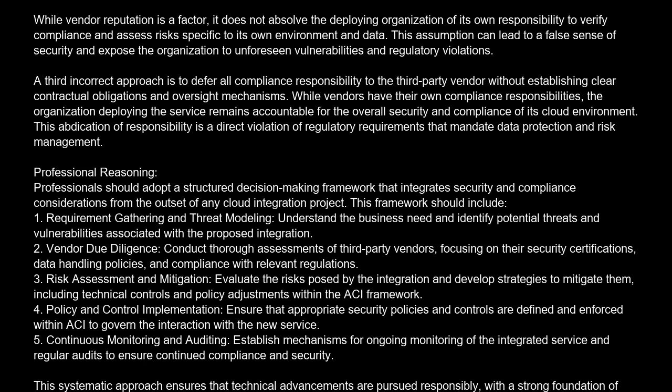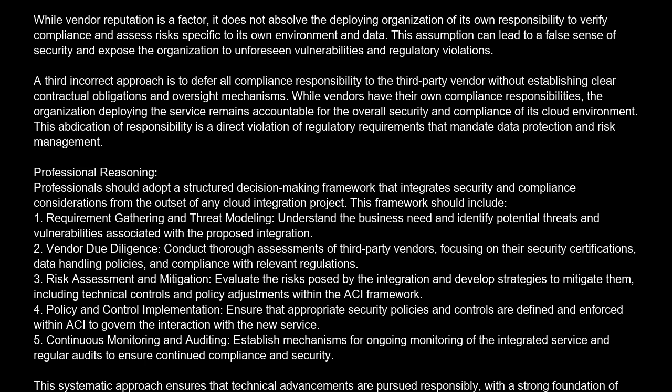While vendors have their own compliance responsibilities, the organization deploying the service remains accountable for the overall security and compliance of its cloud environment. This abdication of responsibility is a direct violation of regulatory requirements that mandate data protection and risk management.